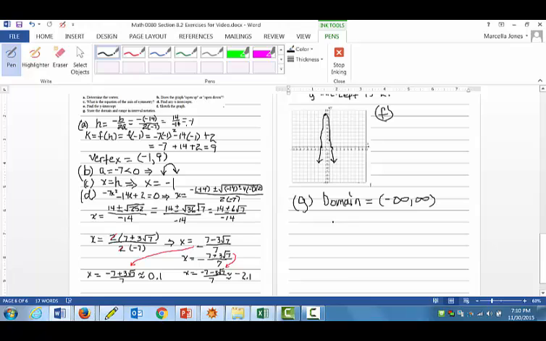So that's the interval from negative infinity to positive infinity. Since it opens downward, the y value of the vertex is the largest y. So we're going from negative infinity to 9, including that 9 for our range. So this is our problem.